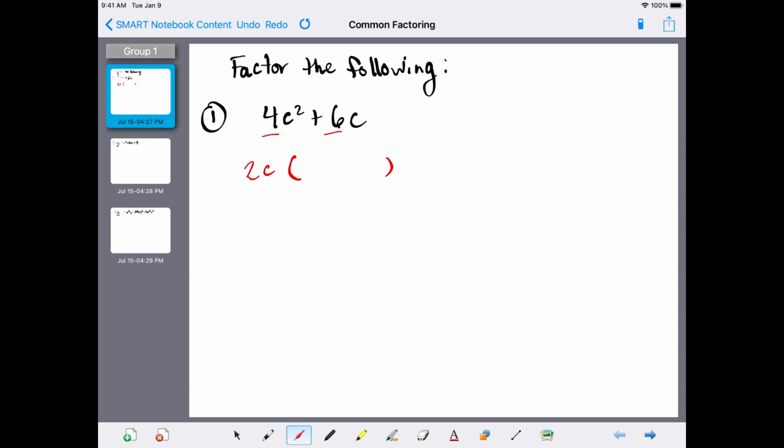So we divide each of the terms in the initial expression by what we factored out. What is 4c squared divided by 2c? It's just 2c. In other words, 2c multiplied by 2c is 4c squared. Then 6c divided by 2c is just plus 3.